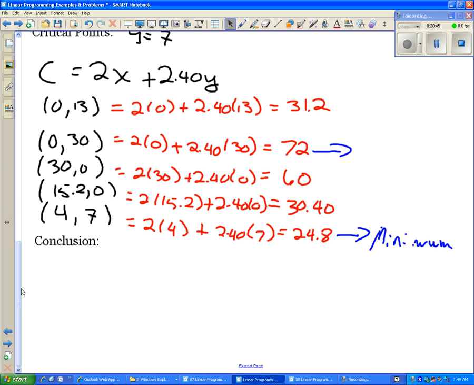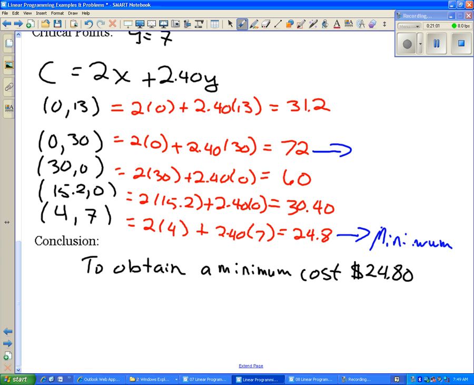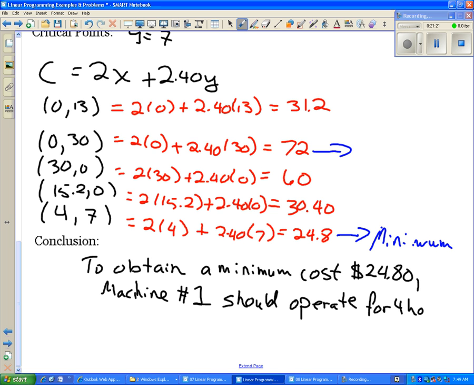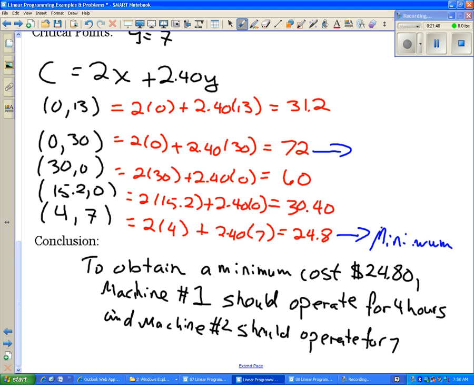So for my conclusion, I'm going to say to obtain a minimum cost of $24.80, machine number 1 should operate for 4 hours, and machine number 2 should operate for 7 hours.